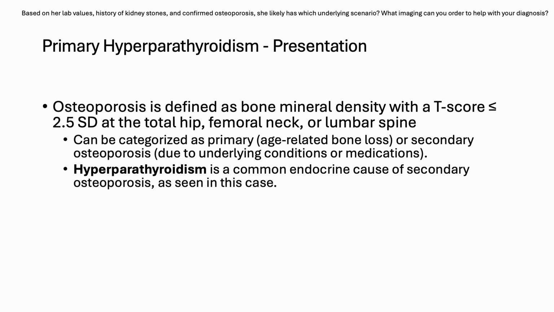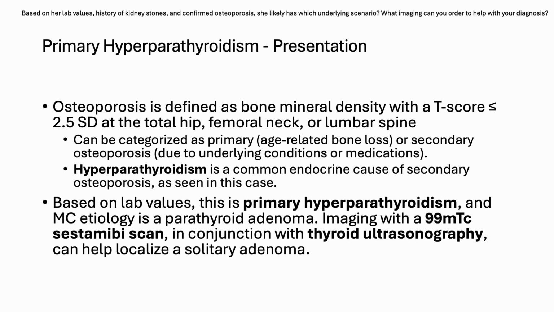So in our case presentation, PTH levels were elevated, and she had a case of hyperparathyroidism, which is a common endocrine cause of secondary osteoporosis. There are many different causes, but in this situation, based on her lab values and presentation, we can suspect that the most common etiology for her was a parathyroid adenoma.